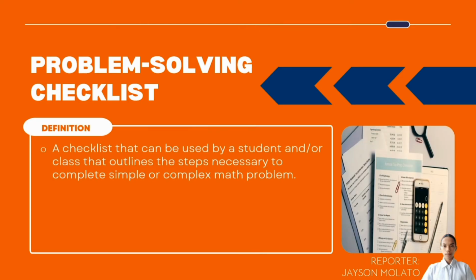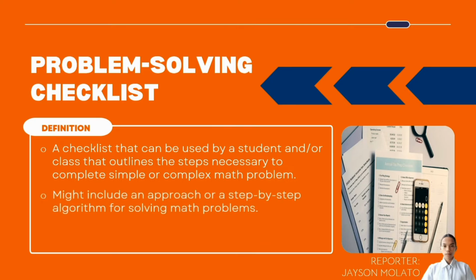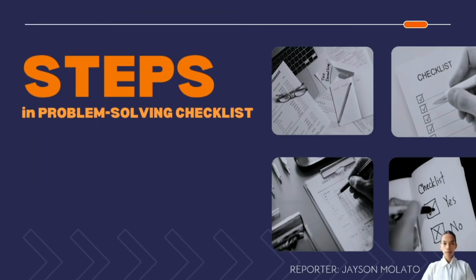It is a checklist that can be used by a student and or class that outlines the steps necessary to complete a simple or complex math problem. It might include an approach or a step-by-step algorithm for solving math problems, and it helps students to master simple and complex algorithms.